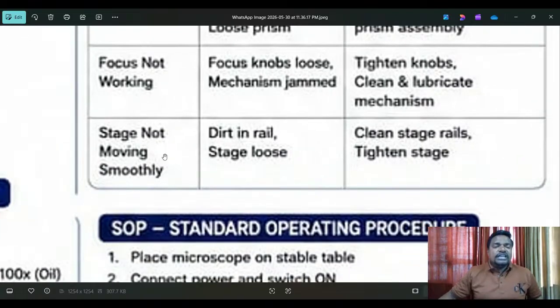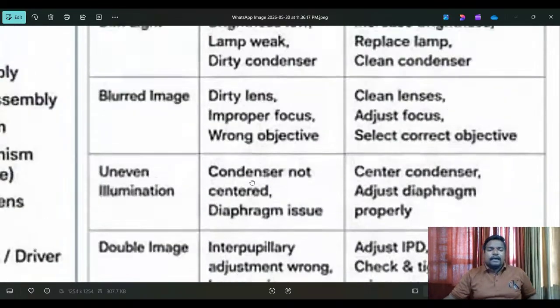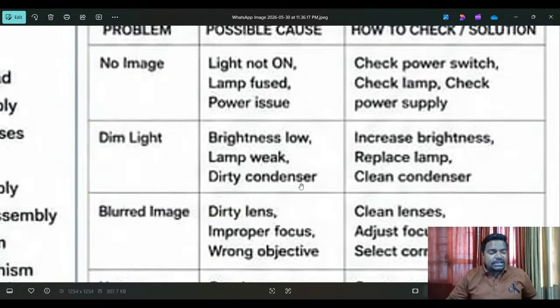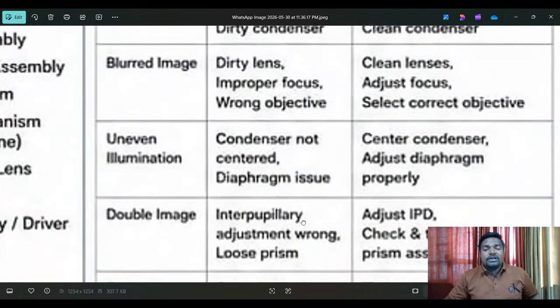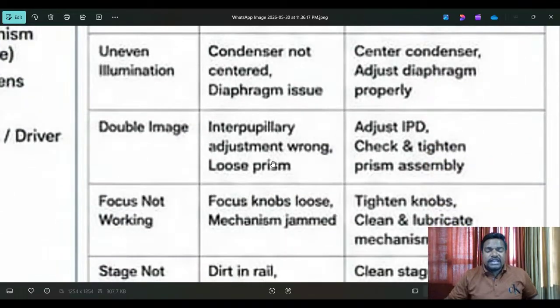Come here. Troubleshooting guide: stage not moving smoothly. See, these are small things. Understand, small things. But if you neglect the small things, then they will become a major issue. For example, if only one microscope is there, and the patient is very critical and needs an operation, then what will happen if you have not done proper service on the microscope?